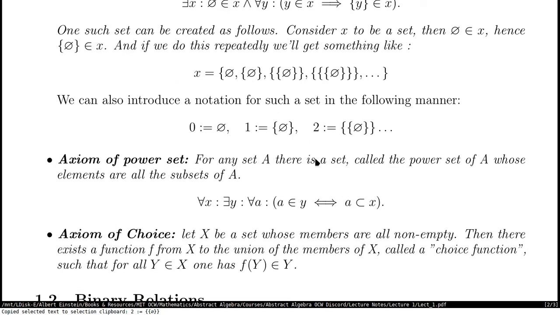So we have the axiom of power set, which says that for any set A, you have a set, called the power set, whose elements are all the subsets of A. So this follows directly from the axiom of pairing. If you have a set A, you have its subsets, and you can pair each of those subsets with each other, and then you can create bigger and bigger sets until you reach the biggest possible set, which is the power set.